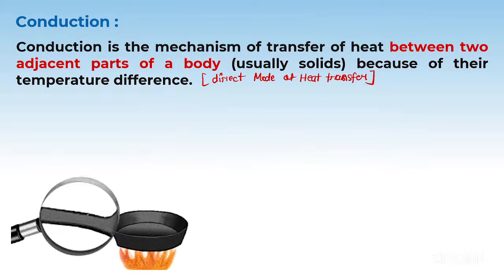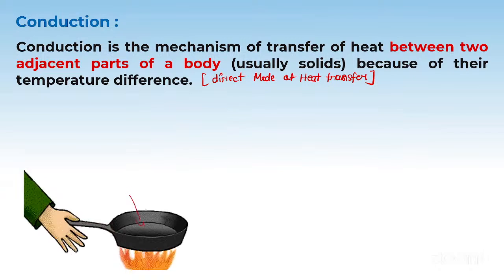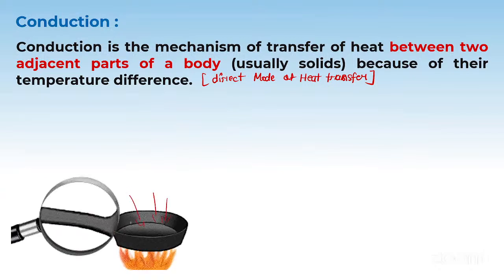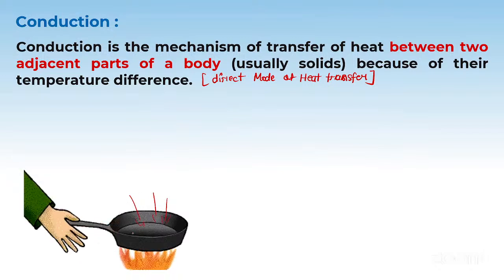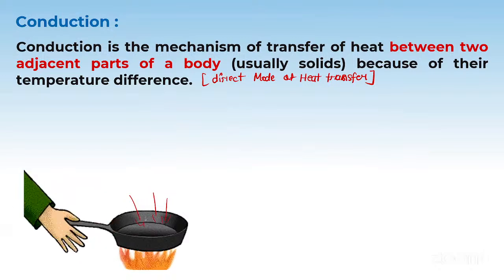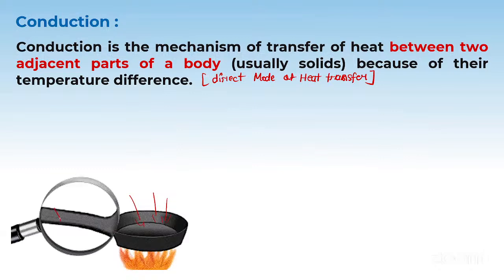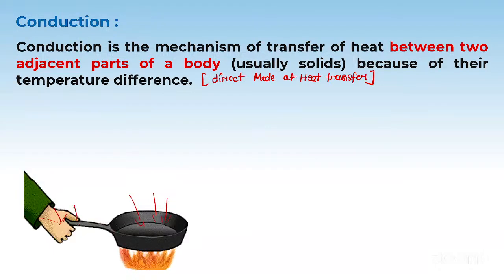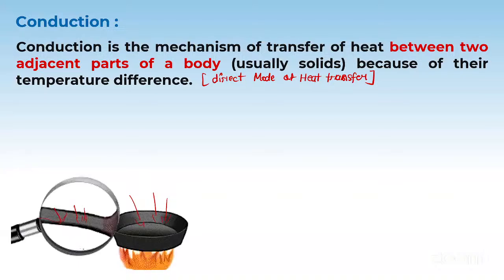Now like this, suppose you want to cook Maggie, two minute instant noodles, and you put the pan above the burner, but you forgot to put some water or something else in it, and you just directly touch it, and if it is completely metal, then you will find out that it is getting very hot. Why is it so?